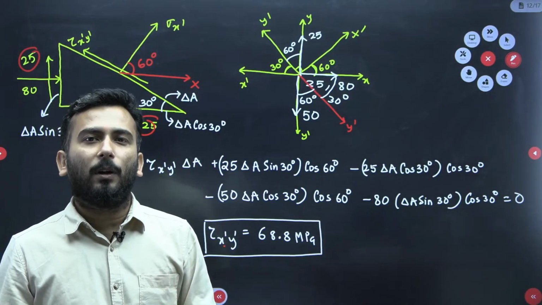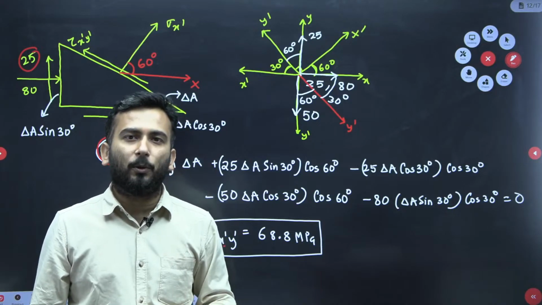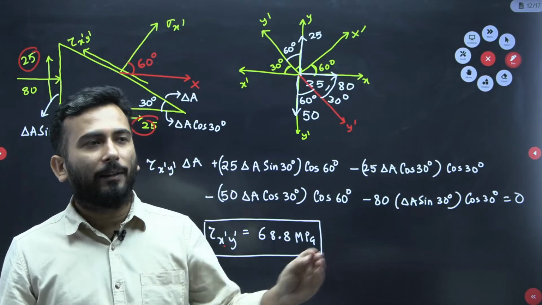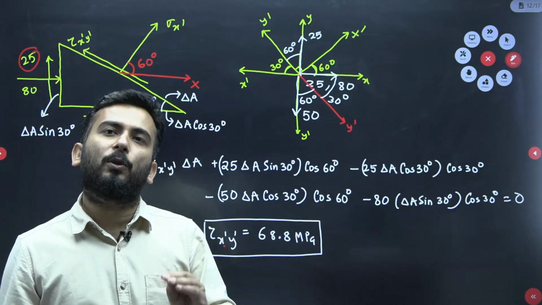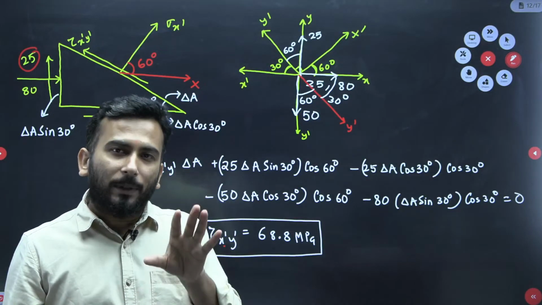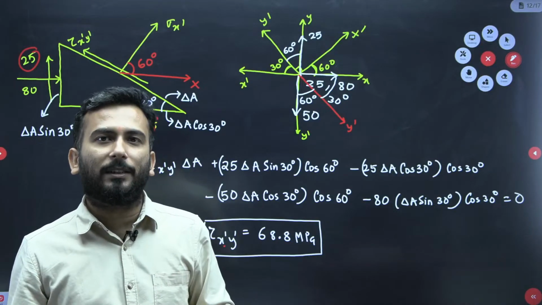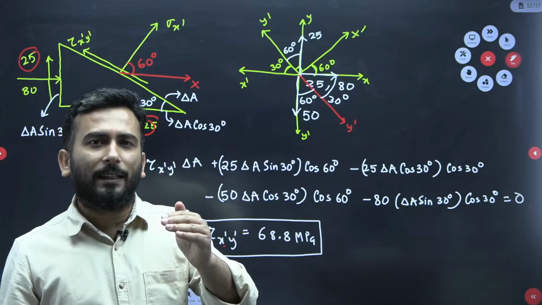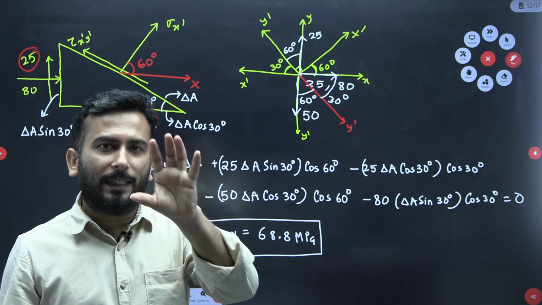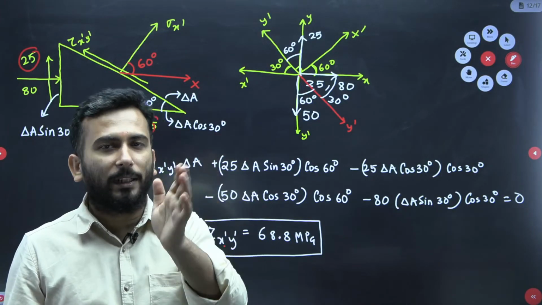So tomorrow, basics you have known. Tomorrow I will straight away write here the stress transformation equations, and we will see how to use those equations. And once we write the general stress transformation equations, you will be saying, see, planes are, it feels like one orientation is there and different orientations can be obtained.